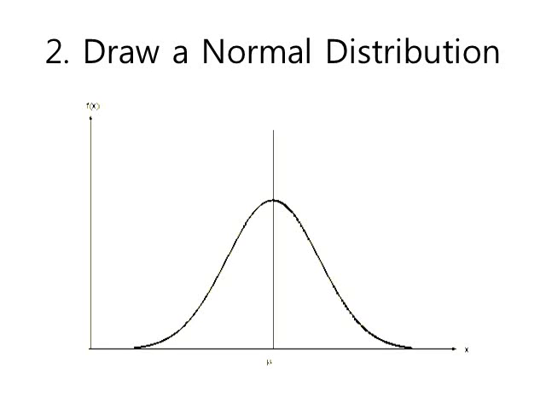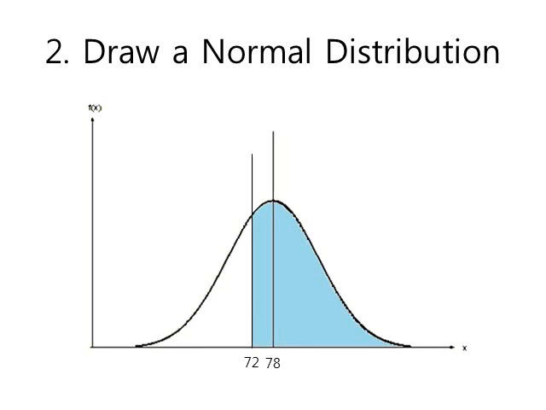For this problem, mean is 78, and it is asking for a probability larger than 72. 72 is less than 78, so it should be here. And because we are looking for the part larger than 72, it's shaded like this. And the shaded area is the probability.